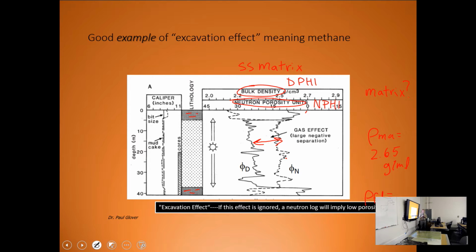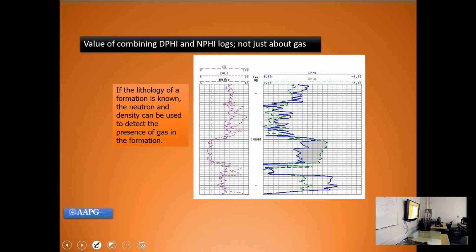Okay, so you could call it pushing out effect, but excavation effect is one that gets used in literature. So you've got to be careful. The word crossover or separation, that's just describing what you see on the log. There's lots of different words for that. But the process is excavation. It'll help you remember which way the curve is supposed to go. Okay, so that's a classic gas effect, and there's your symbol for gas, and in fact it is indeed gas.